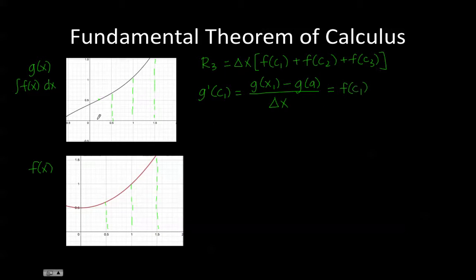Similarly, let me just catch up our graph. Our C2 value is going to equal g of x2 minus g of x1 divided by delta x, which is going to equal f of C2.